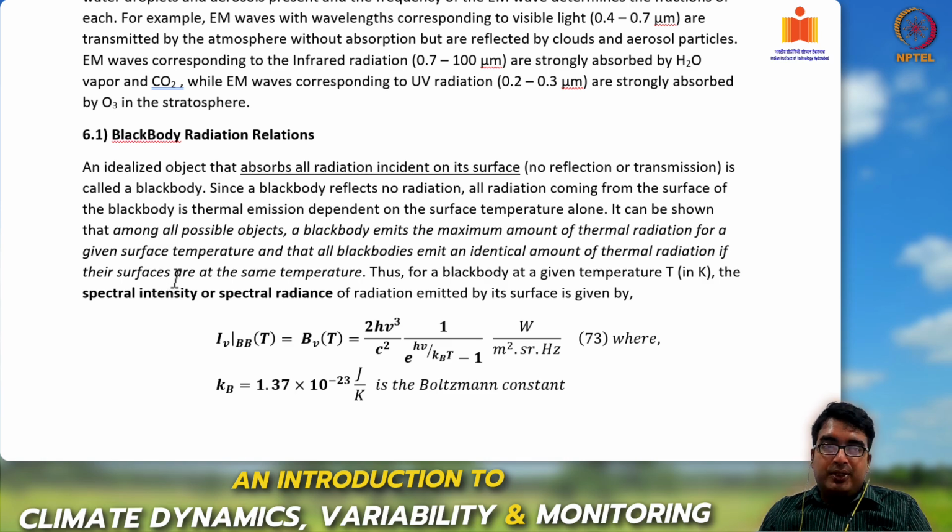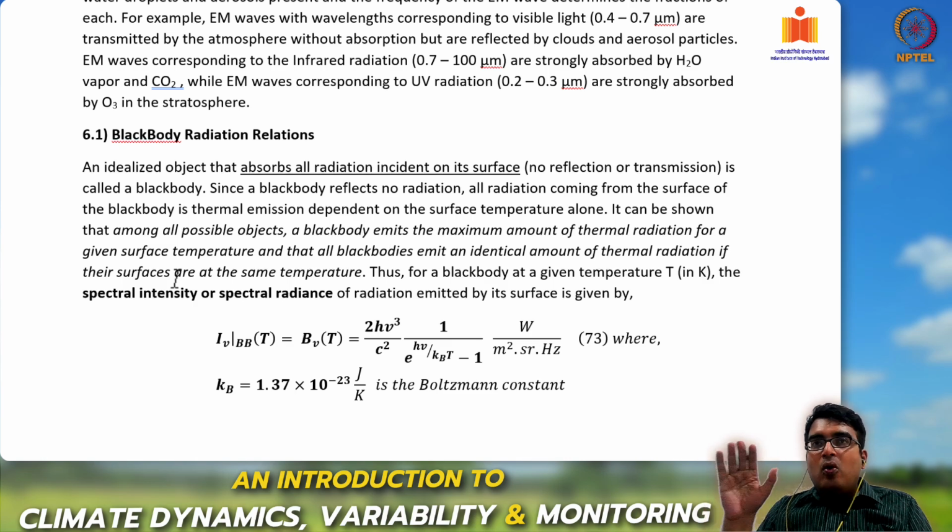So if you think of multiple surfaces, all of them are at the same temperature, say 500 degrees or 600 degrees, then we will see that if one of them is a black body, the total thermal emission from that surface is maximum compared to all other non-black body surfaces.